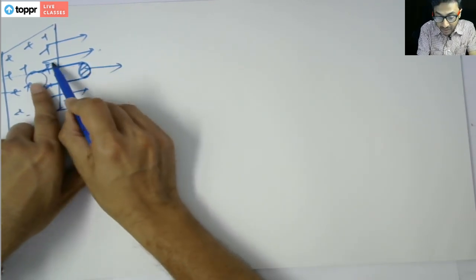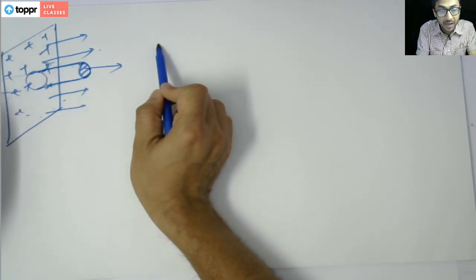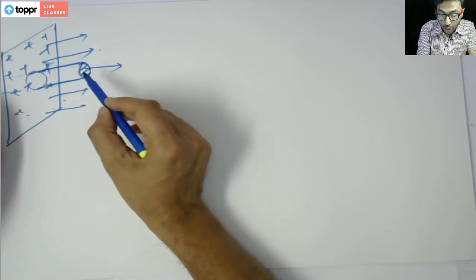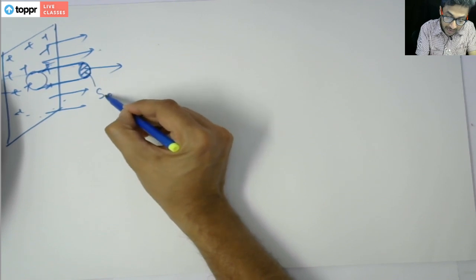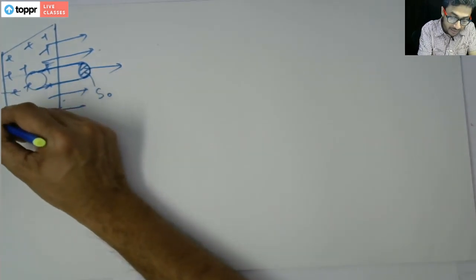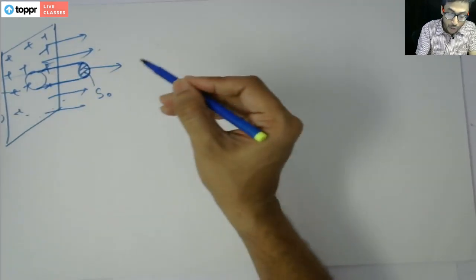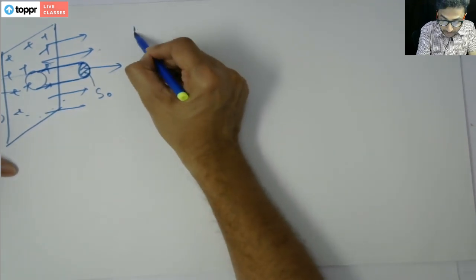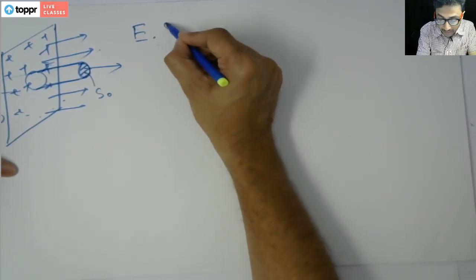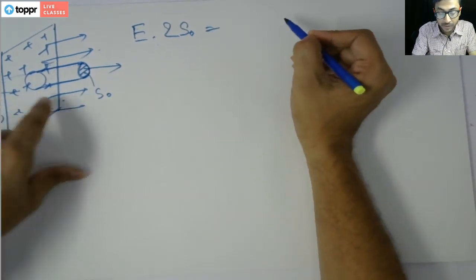Now the electric field comes out in this direction as well as that direction. If this is S0, there is another S0 on this side. So the flux is E into 2S0.